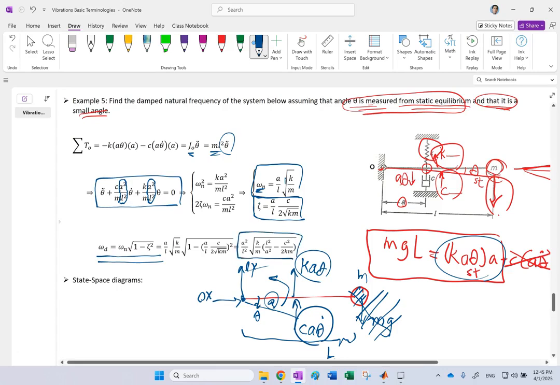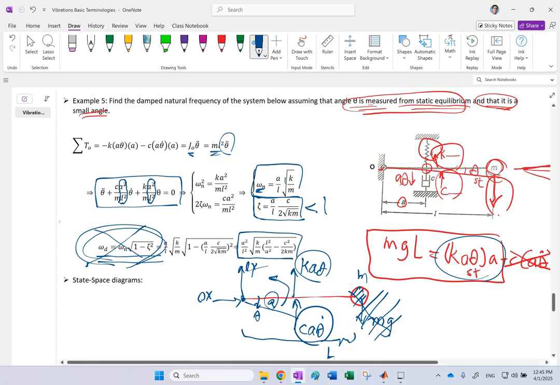So here is how to find the natural frequency of the system. And this is assuming that the system will oscillate. So here I'm assuming that this zeta is less than 1. Otherwise, natural frequency has no meaning, because the system will not oscillate, you will not see any frequency.